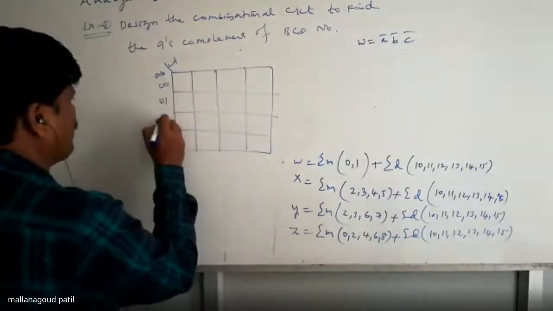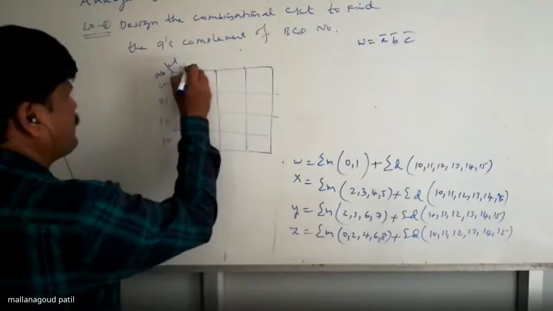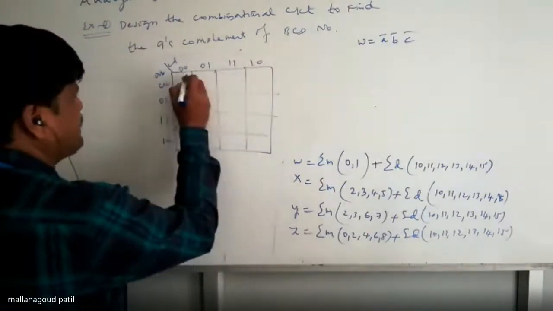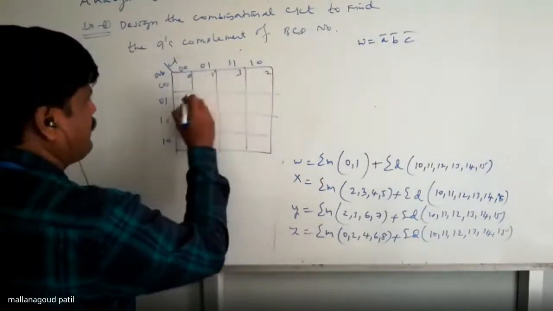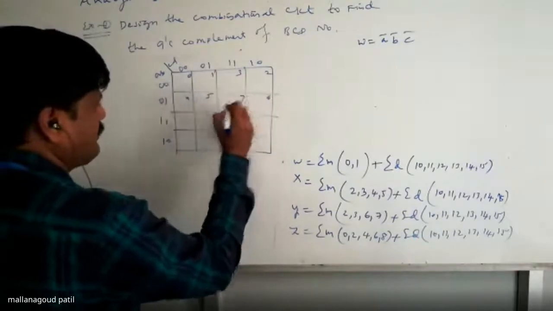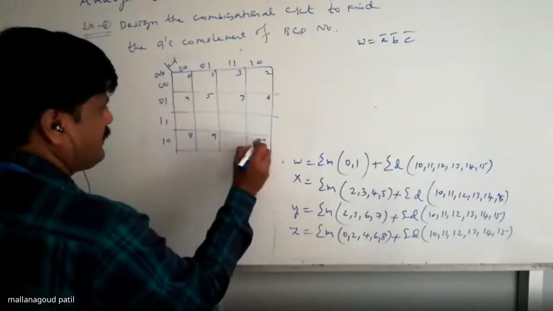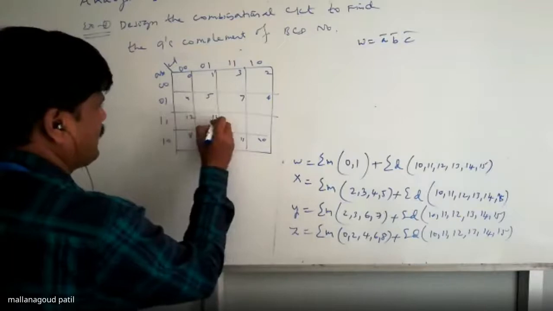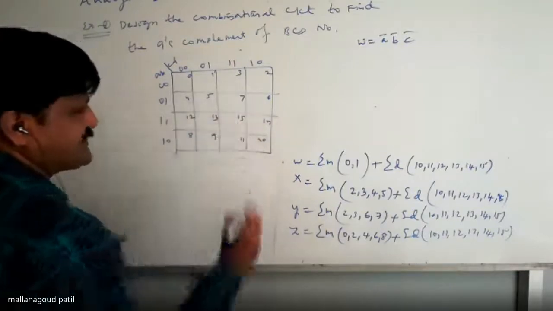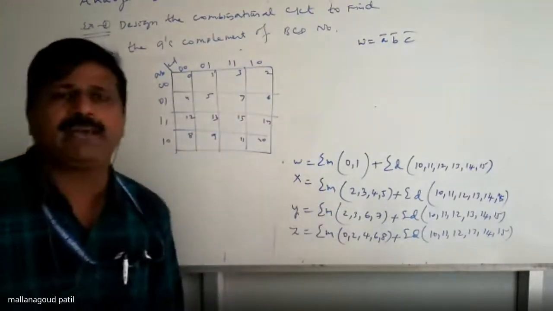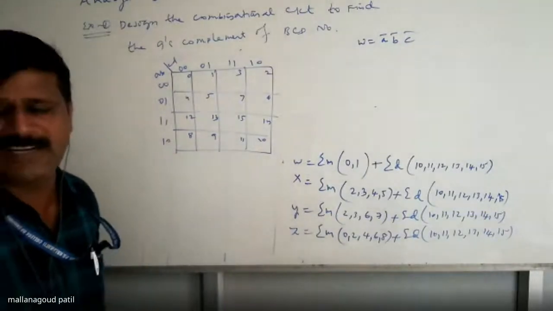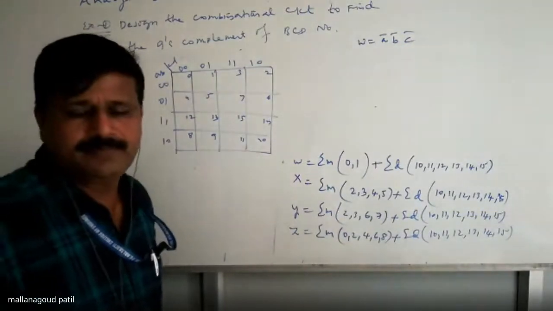0, 0, 0, 1, 1, 1, 1, 0. Cell numbers 0, 1, 2, 3, 4, 5, 6, 7, 8, 9, 10, 11, 12, 13, 14, 15. Enter the cells in X. The minterms present in X are 2, 3, 4, 5.